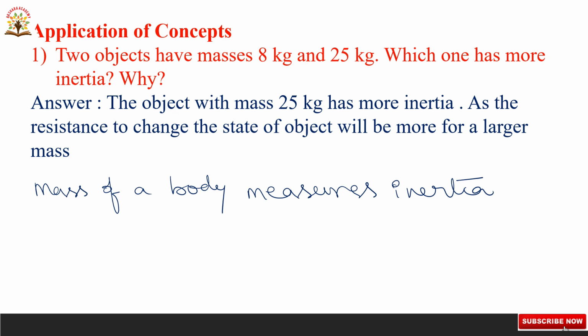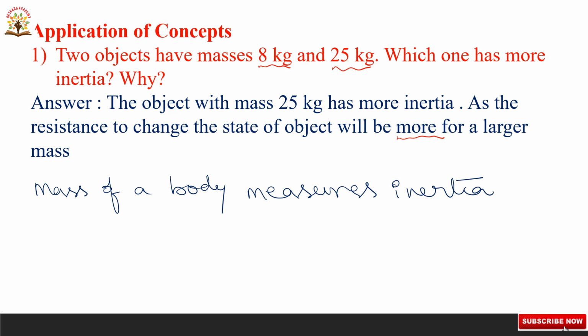In these two objects, 25 kg has more mass, so its resistance to change its state is also more. That's why the object with mass 25 kg has more inertia.